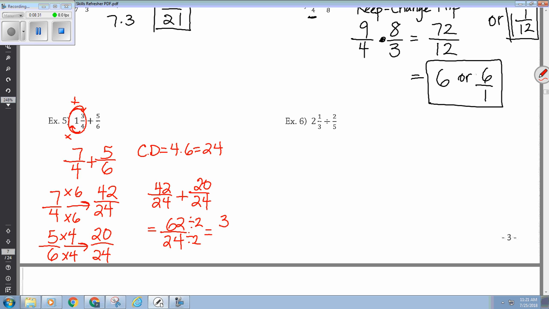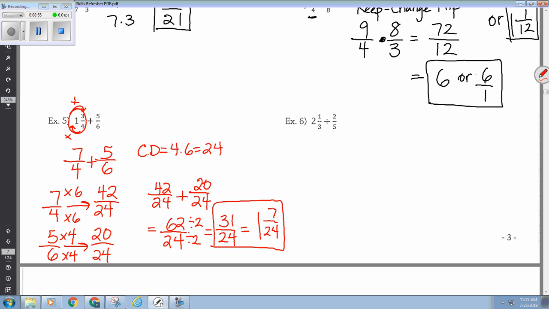So that's 31 over 24. So again, you can leave it as the improper fraction, or you can change it to a mixed number, which would be 1 and 7/24. Either way is fine.